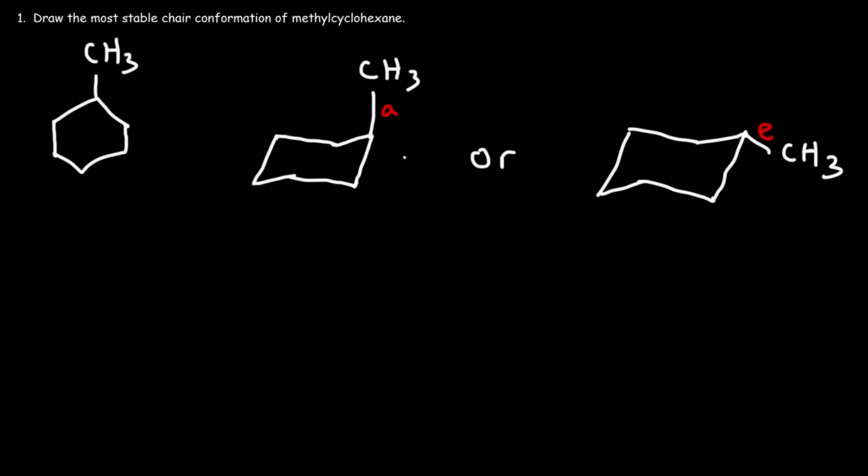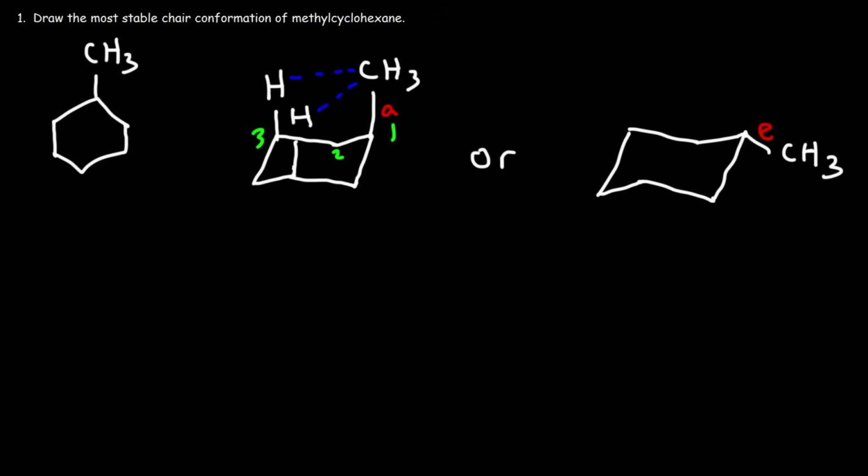If we put it in the axial position, there's something known as 1,3 diaxial strain. This methyl group is going to interact with these hydrogens. If we call this carbon 1, it's going to interact with the hydrogen on carbon 3, regardless of where you count it from the methyl group.